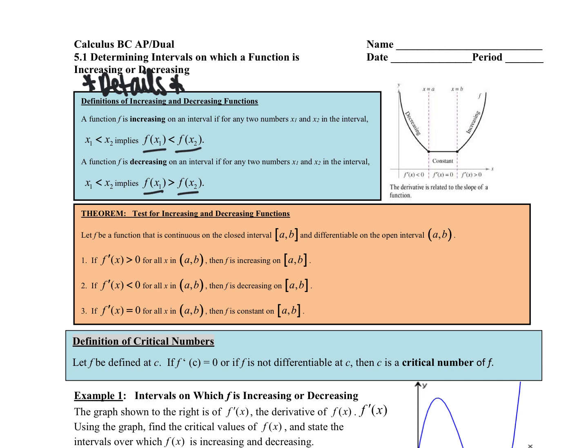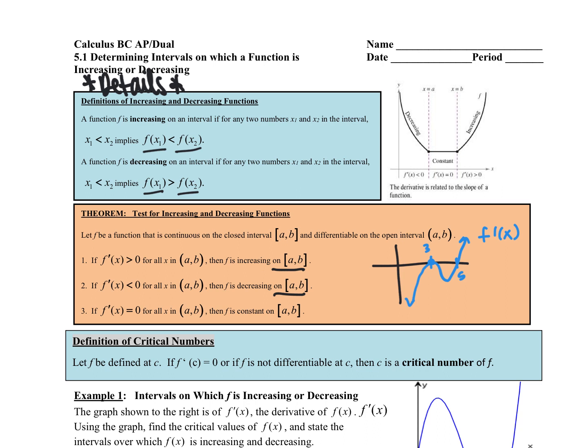But this is the official definition here, and we're going to talk for a second about the endpoints being included. This says if f prime of x is greater than 0 for all x in an interval, then it's increasing up until the endpoints, or decreasing up until the endpoints. So for those of you that doubted me in the past, if we have the graph of a derivative, and it looks like this, and let's say this is 5, and this is 3, and this is our graph of our derivative.